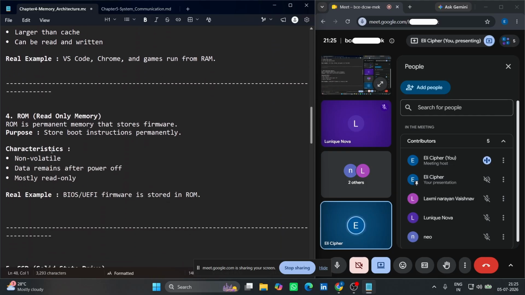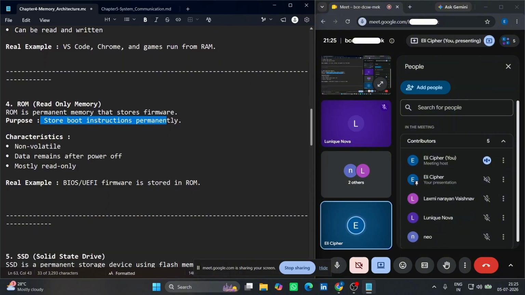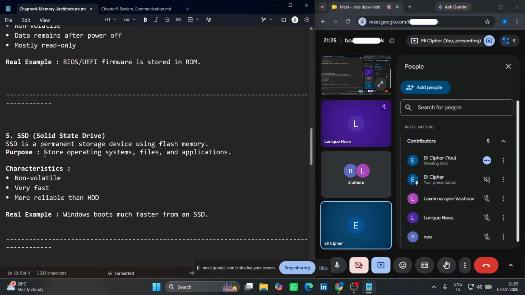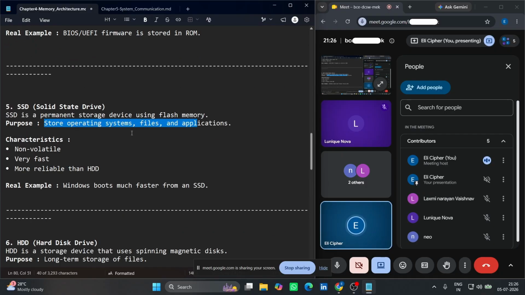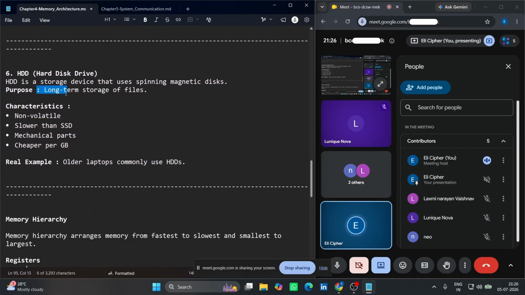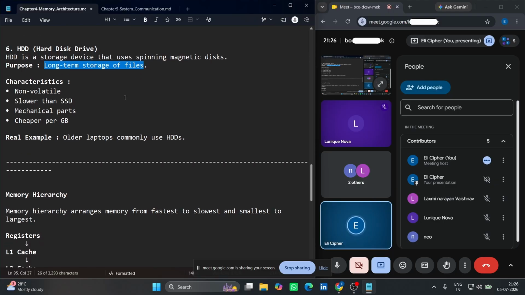Then we come to ROM, which stores boot instructions permanently. Then SSD, which stores operating system files and applications, and then hard disk drive, whose purpose is long-term storage of files. We basically have to remember their purposes and their names, right? Nothing outside of it.